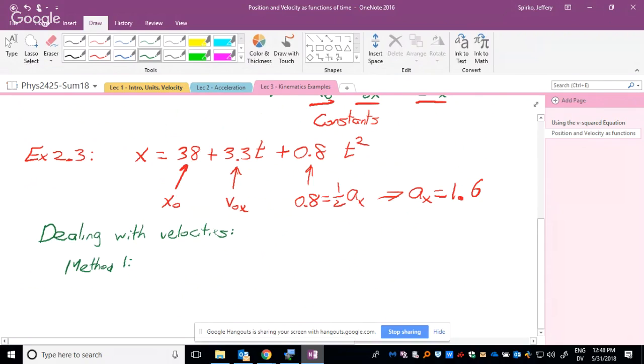I can think of two ways to deal with velocities. One is that v is equal to dx by dt. So if you know x as a function of time, you can literally just take its derivative.